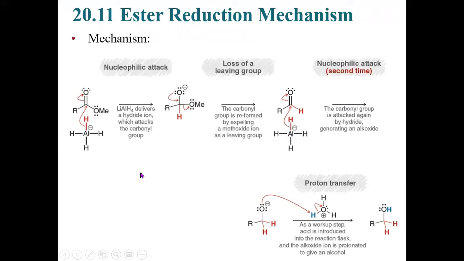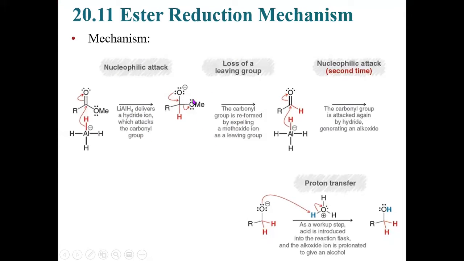Here's the mechanism. The first step is the nucleophilic attack. LAH delivers a hydride which attacks the carbonyl carbon, producing this tetrahedral intermediate. The carbonyl group is reformed by expelling methoxide ion as the leaving group.